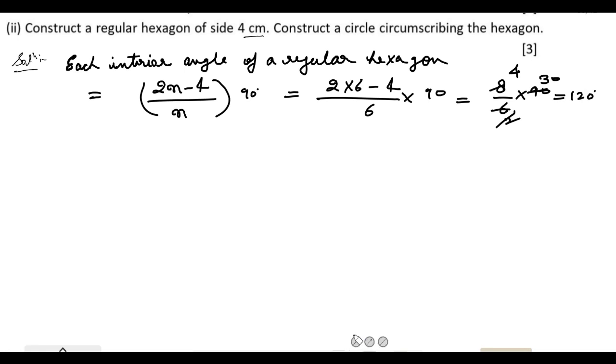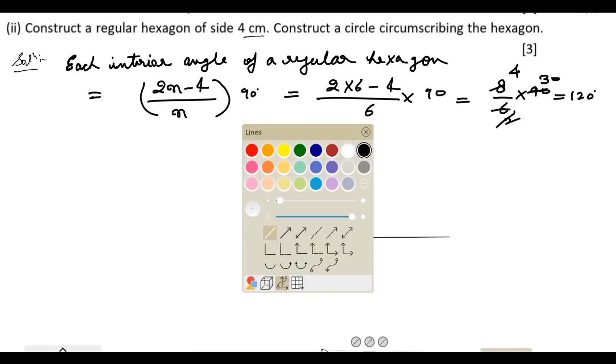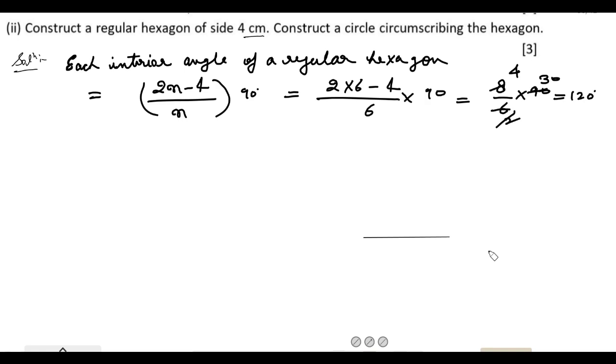Now we are constructing a regular hexagon of side 4. For this, first draw a 4 centimeter line with the help of a scale. Now make a 120 degree angle at both ends of this line.